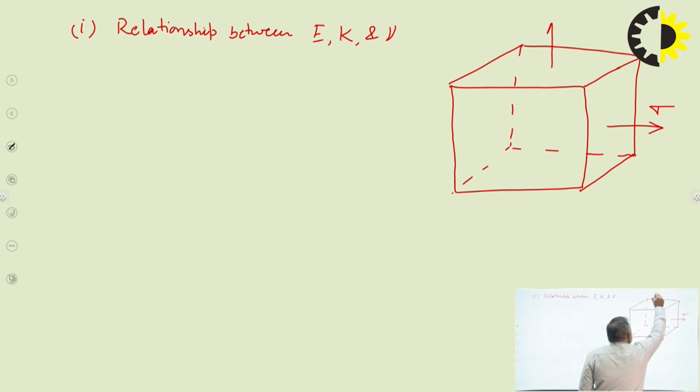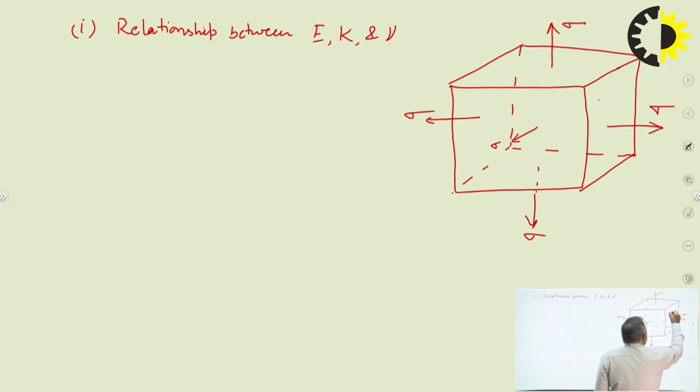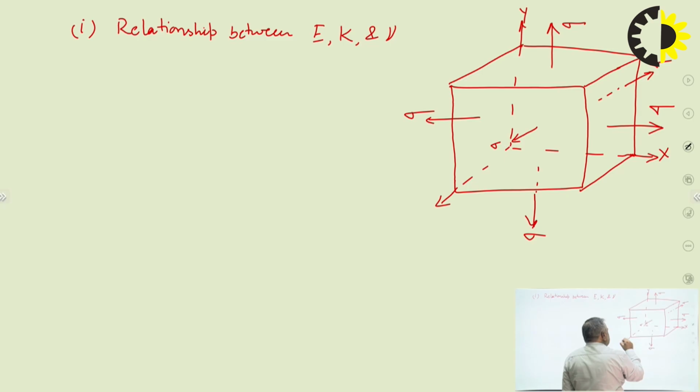This is sigma, this is sigma, this is sigma on each face. Six stresses are shown, in fact three stresses are subjected; one is action, the other is the reaction. Suppose this is the x-axis, this is the y-axis, and this is the z-axis.